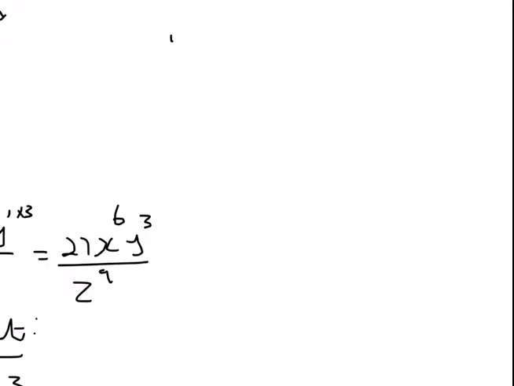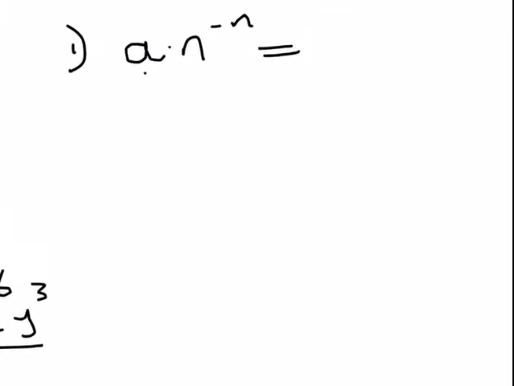So maybe as number 1, let's say we have a, which is multiplying another letter to the exponent of negative n. Based on what I'm saying, it means this being your coefficient can just remain, actually let me say letter x there, just so that it is clear to see the difference.